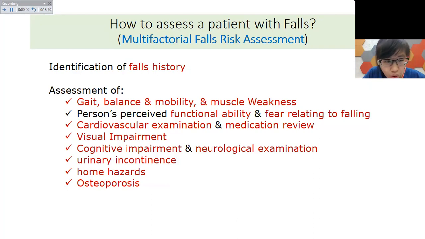First, we need to identify the falls history to better understand the mechanism of falls, followed by the assessment of gait, balance, and mobility for muscle weakness, the patient's functional ability, and any fear related to falling, cardiovascular examination, medication review, for any visual impairment, looking at cognitive impairment and neurological examination, assess for any urinary incontinence and home hazards if falls are mainly occurring at home, as well as osteoporosis to prevent fracture in the case of a patient with recurrent falls.